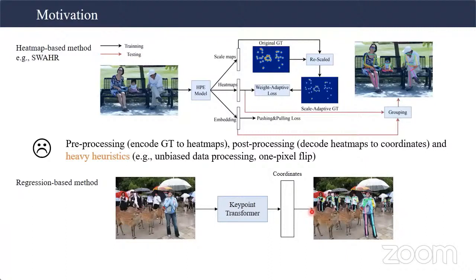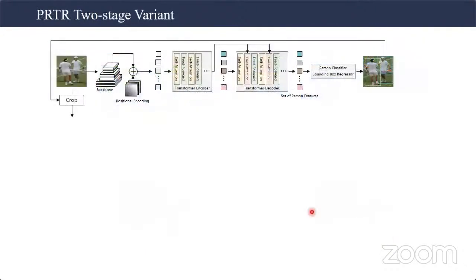Typically, heat map-based approaches attain higher scores than regression-based ones. But regression-based ones still have nice properties, being simpler and direct. Motivated by this, we design pose regression transformers, a two-stage and an end-to-end model.